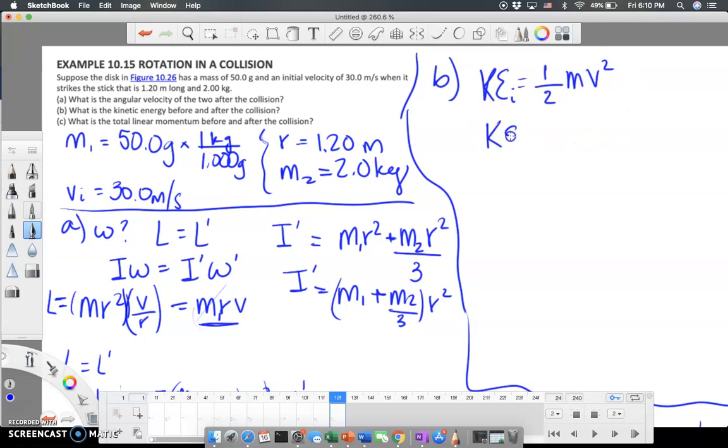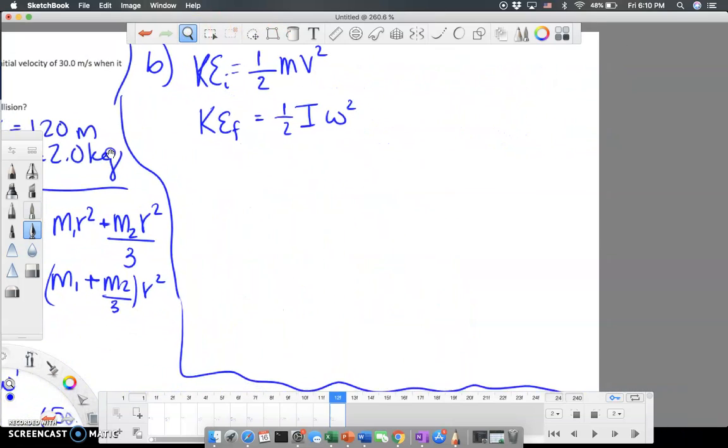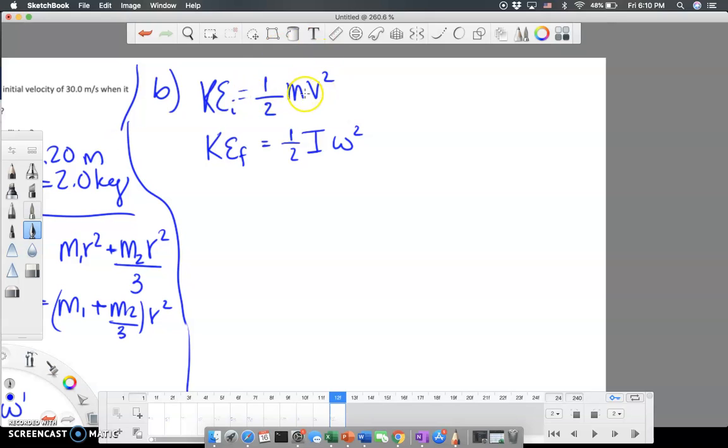After the collision, our kinetic energy is going to be based on angular motion, so it's going to be 1/2 I omega squared. Our first one is just about the disk, so it's going to be 1/2 times our mass, 0.05 kilograms, times our velocity, which was 30, squared.